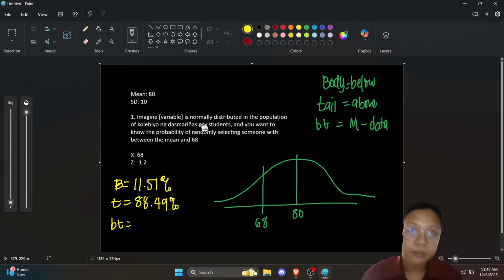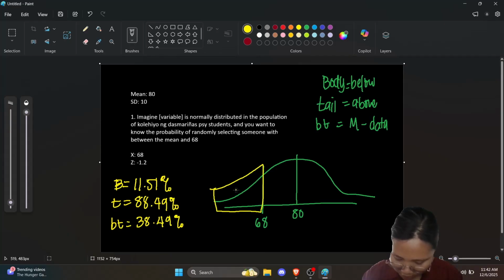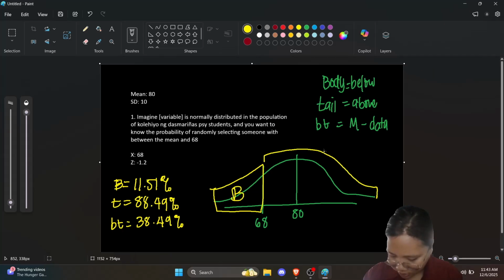And between is 38.49. Since our body is below, this area is our body, this is our tail, and this is in between.